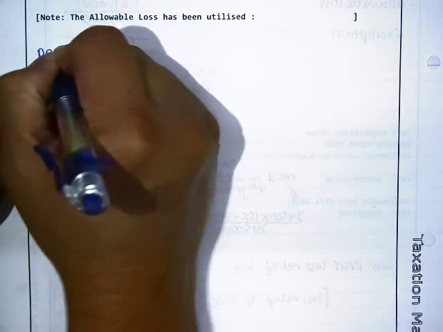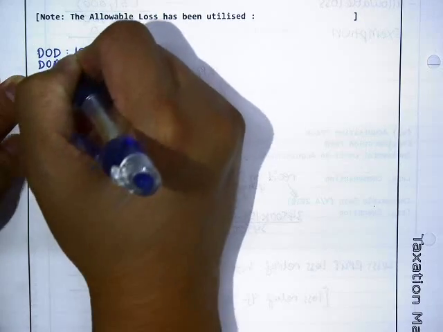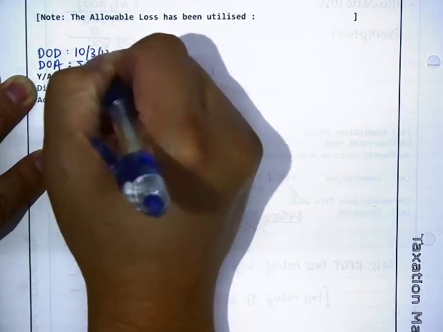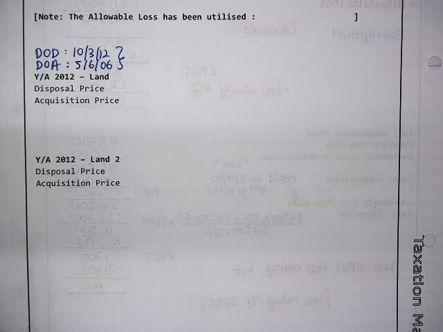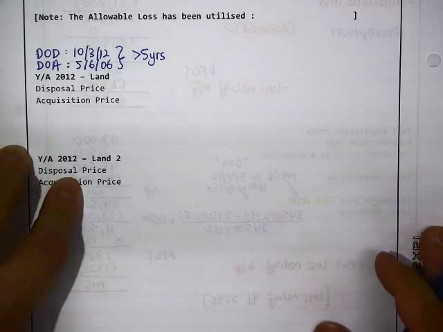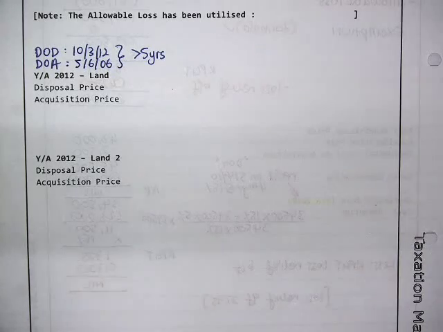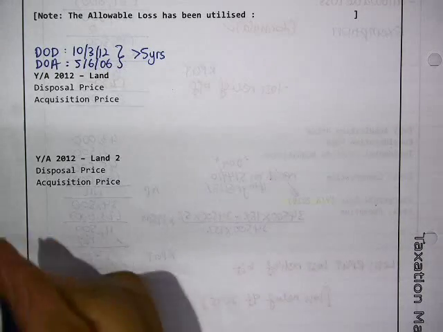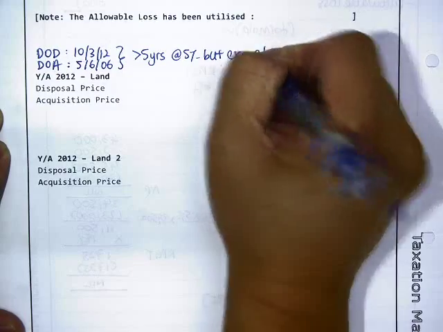RPGT will be 6,004. Okay, move on. So this is to do with the house and the shop.